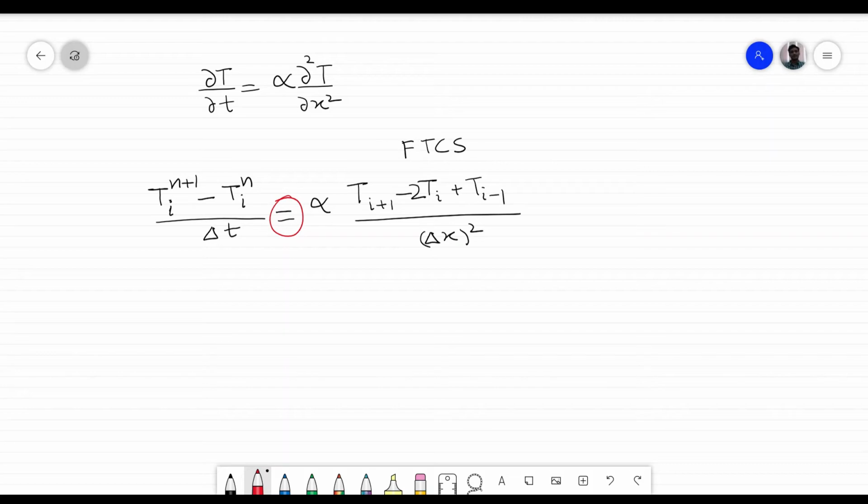If it is an equal to sign, we have to write the order of error, which is delta t and delta x square. Okay, because in space this is second order accurate, it is a central difference, and in time this is a first order accurate formula.